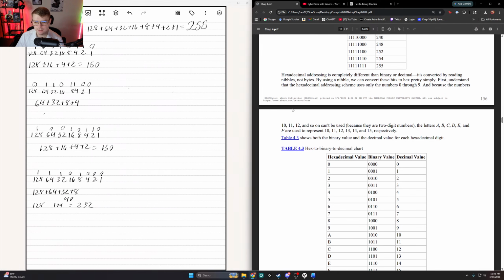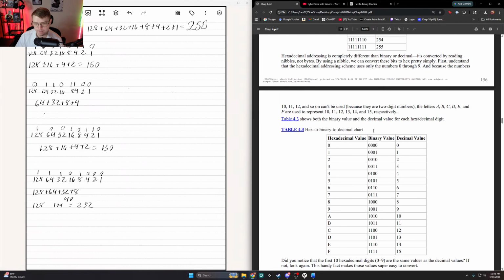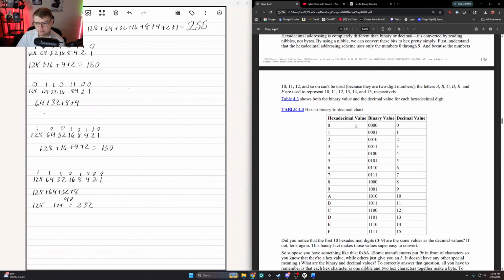First, understand that the hexadecimal addressing scheme uses only the numbers 0 through 9, and because the numbers 10, 11, 12, and so on can't be used because they are two-digit numbers, the letters A, B, C, D, E, and F are used to represent 10, 11, 12, 13, 14, and 15 respectively.